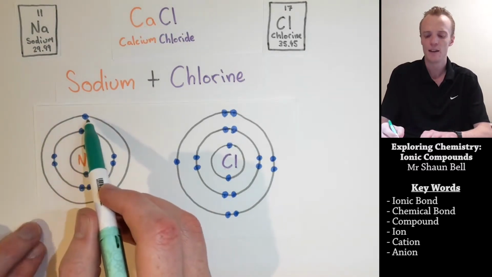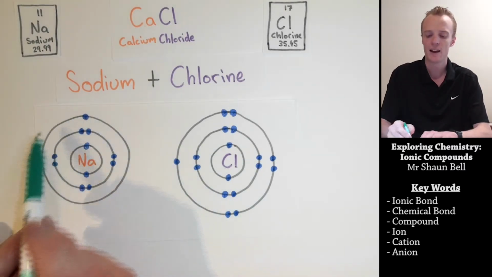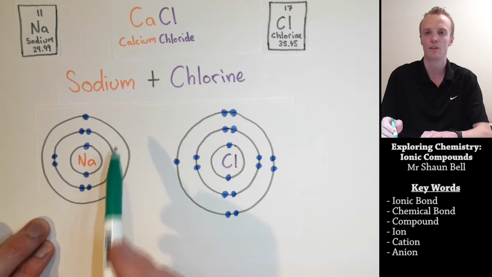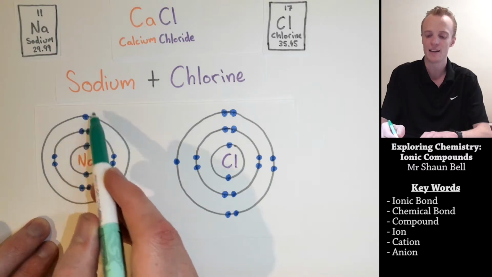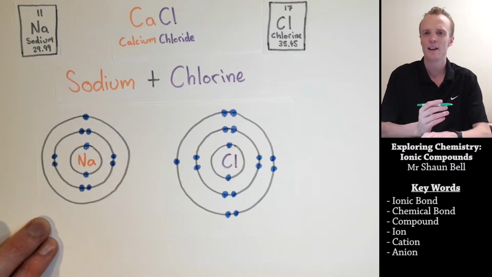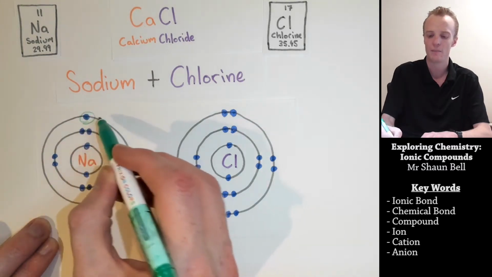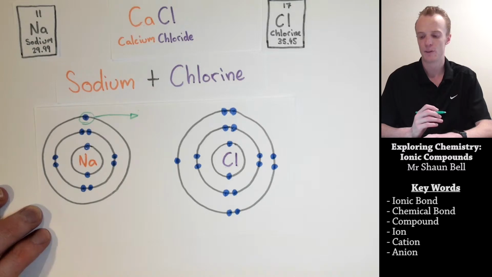So sodium here has one of two options. It can try to gain another 7 electrons to fill this outside third shell, or it could just simply donate its most outside electron to another atom. Donating just this one atom is a lot simpler than trying to gain another 7 of them.